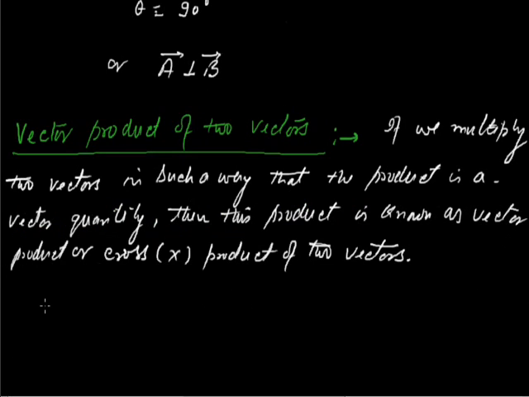It is written as, for example, A cross B is written as AB sine theta n cap.